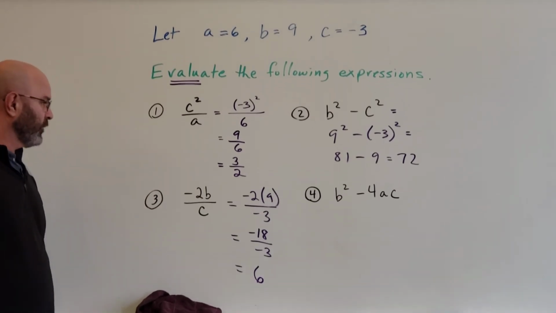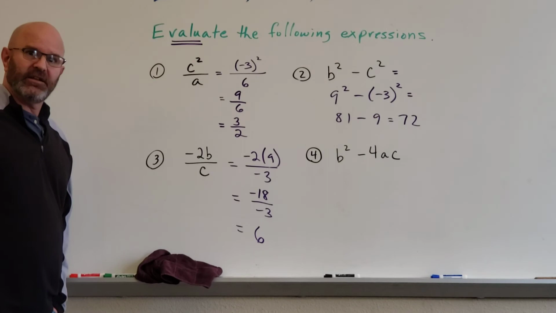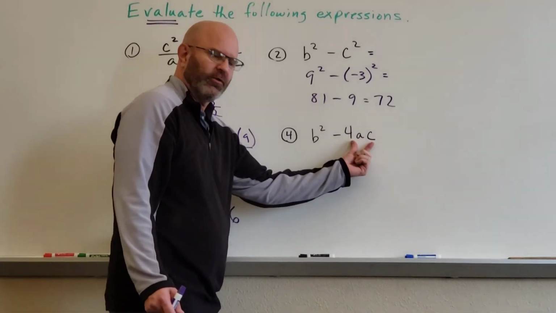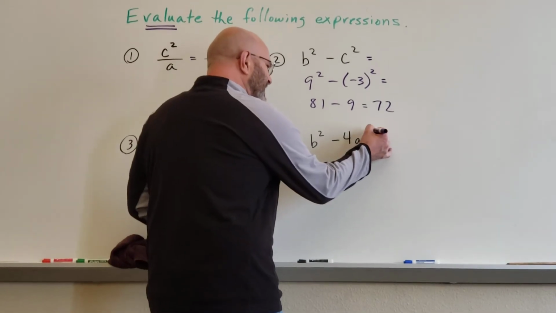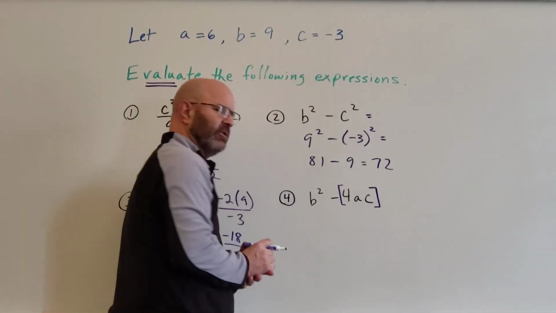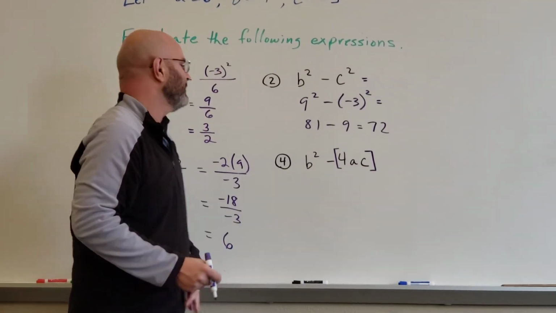Okay, so last example, we have to evaluate b squared minus 4ac. This is called a monomial. It has one term. So you need to think of the 4ac part as being by itself. So I'm going to put a bracket around it so that you realize that all of these things are being multiplied.